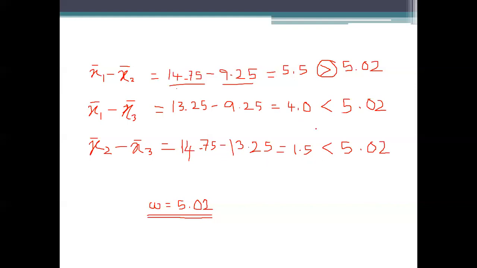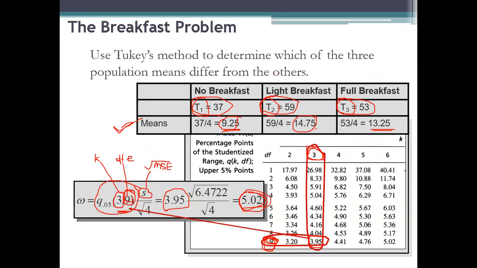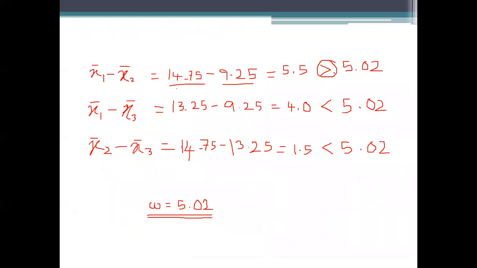So now let's compare with the value that we get in our Tukey analysis. In our Tukey analysis, we get omega equal to 5.02. So now, okay, we compare with 5.02. So 5.5 is greater than 5.02, and 4.0 is less than 5.02, and 1.5 is also less than 5.02.